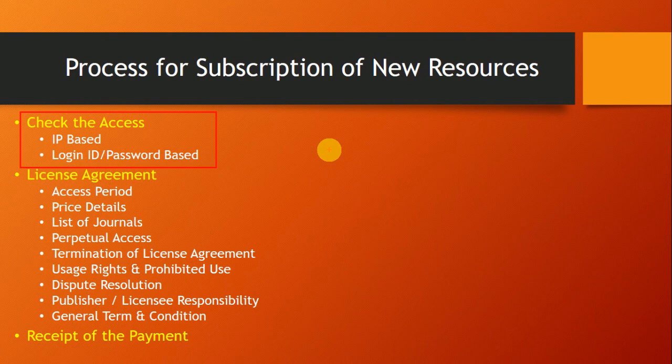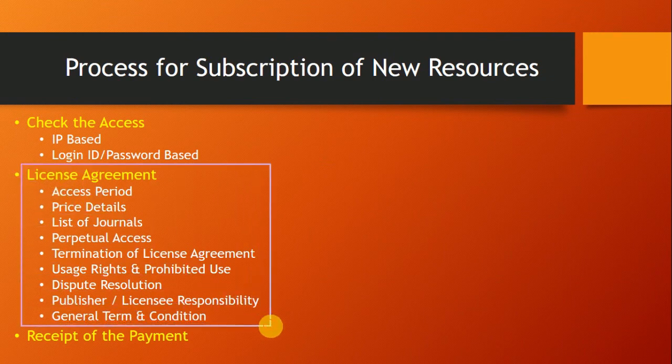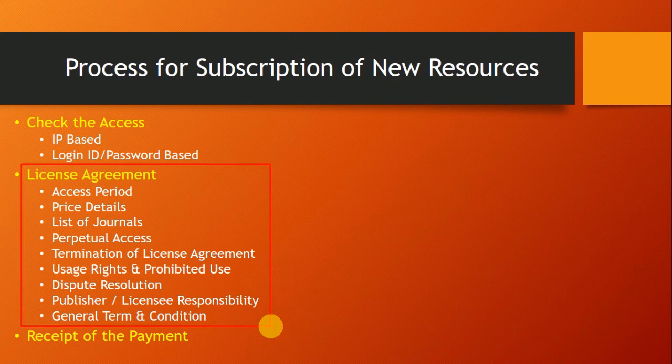After that comes the license agreement, which is the most important part, because it contains the agreement between the publisher and the institute. What does it contain? First, it contains the access period.